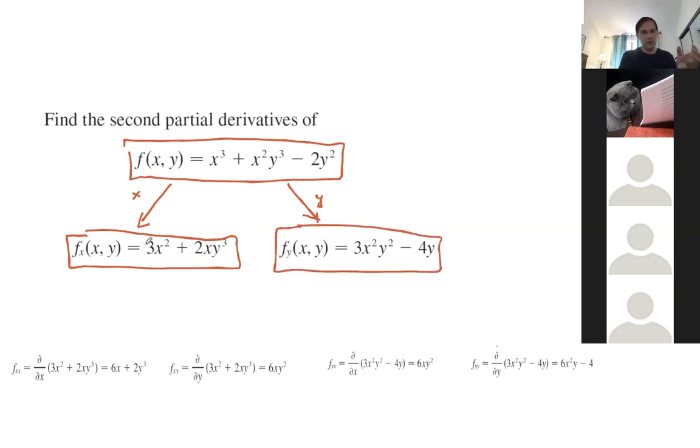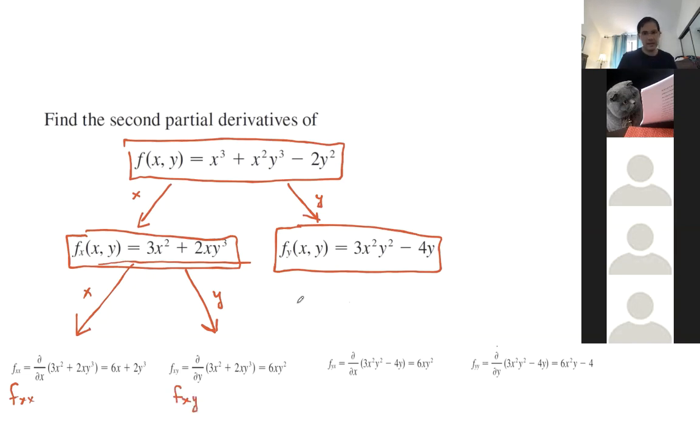Obviously this is a function of two variables, x and y, so I can also compute the derivative of this function with respect to x, and the derivative of this function with respect to y. That will give me fxx. That will give me fxy.